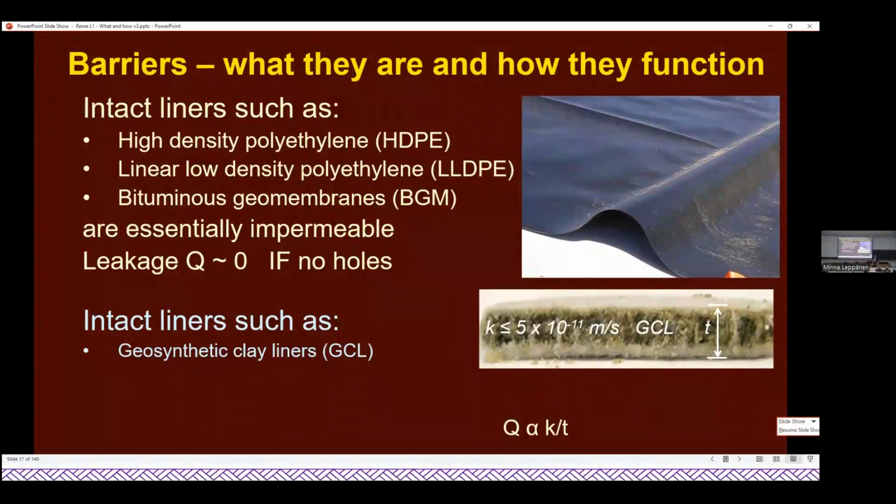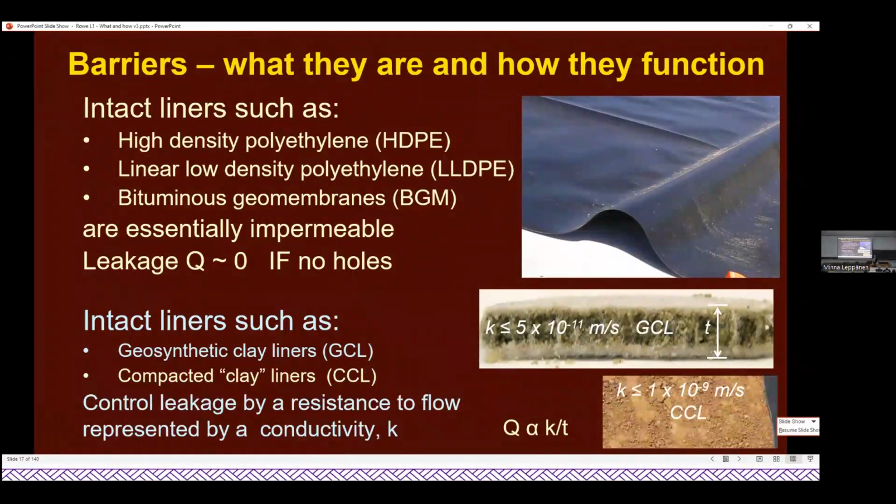It has a quite finite permeability, and we can calculate the leakage as being related to the hydraulic conductivity and inversely related to the thickness. And of course, the same applies to a compacted clay liner. So we have the first three, which are impermeable if intact, and the last two, which do allow some leakage.